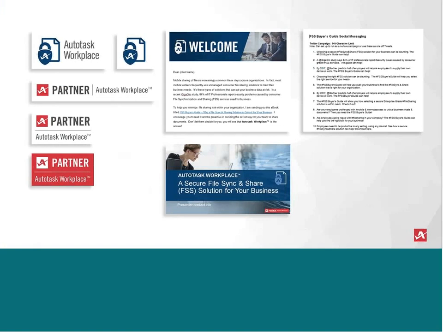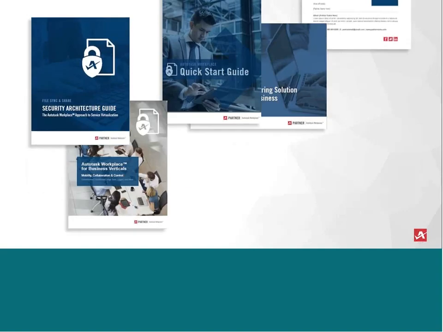Here's just a quick snapshot of some of the key tools and resources that are in the toolkit. We really try to make it as easy as possible for you to co-brand and go to market easily to help sell Autotask Workplace and now Workplace Server. So we give you things like product logos and partner logos and customizable email templates and social share messaging to support the buyer's guide, for example. We also have a client-facing presentation that you can use.